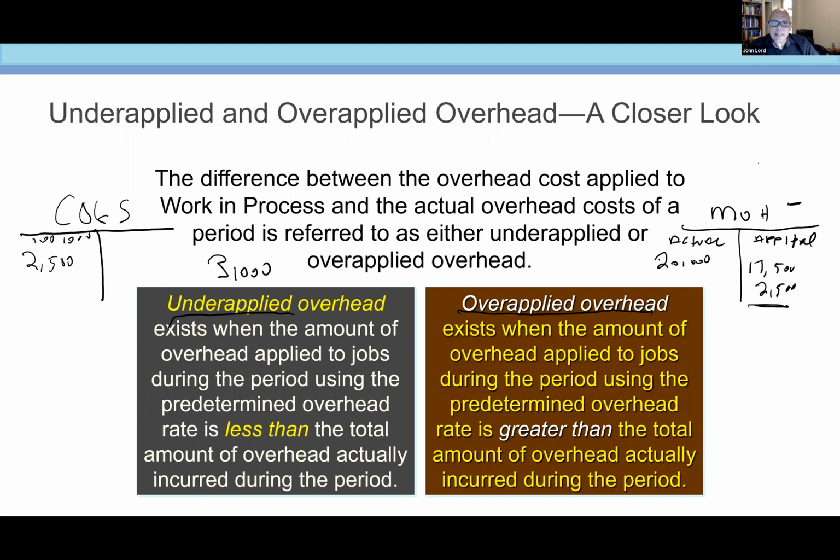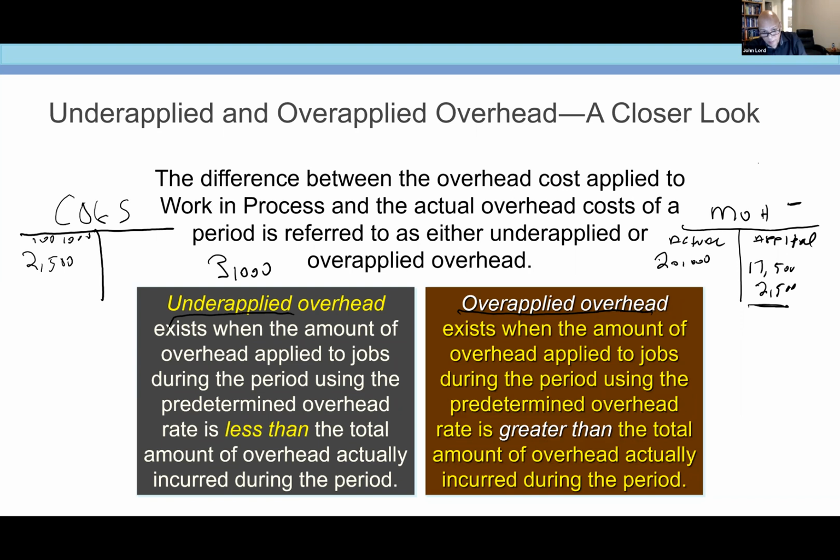It makes sense that I had to put that as an increase to my cost of goods sold because I didn't apply enough overhead to my work in process, right? I applied 17,500 when there was actual overhead cost of 20,000. So at the end of the year, I fixed that little discrepancy by closing out my manufacturing overhead account. It's now 0. That extra debit should have been applied to work in process, then gone to finished goods, and then gone to cost of goods sold.